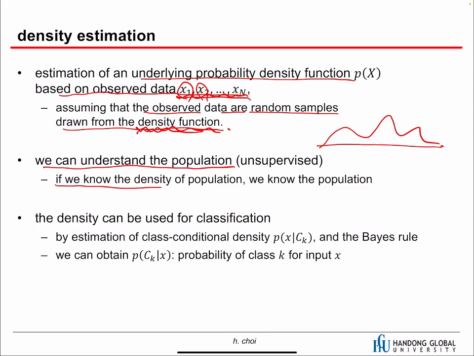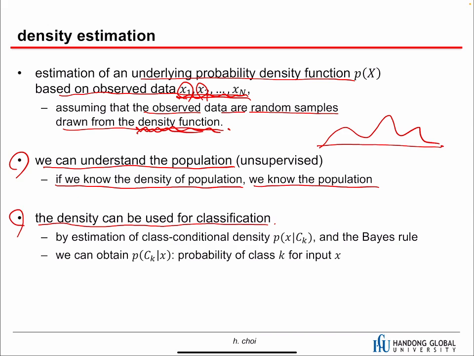If we know the density of the population, then we can say we know the population. And then the density can be used for classification. So far we talked about the unsupervised way: there are no labels, we have a bunch of samples, and if we estimate the distribution, then we can understand the data samples.